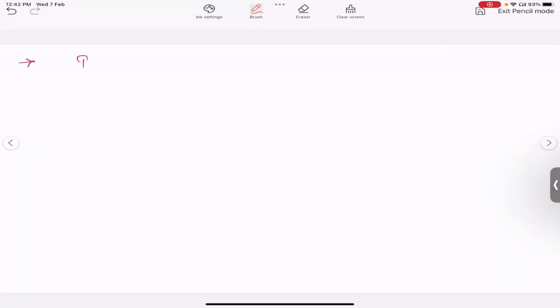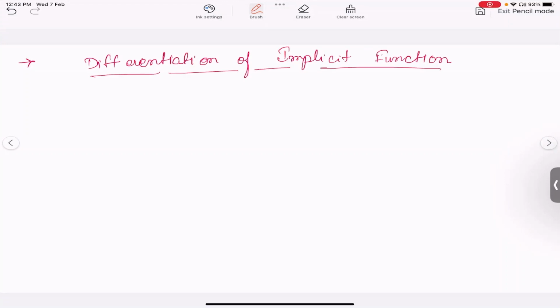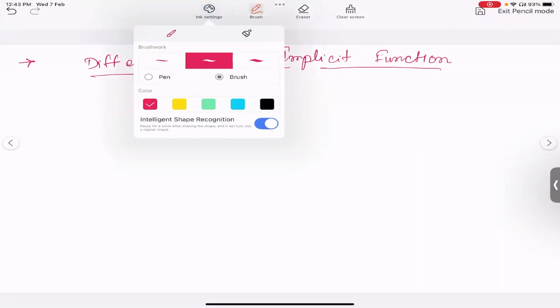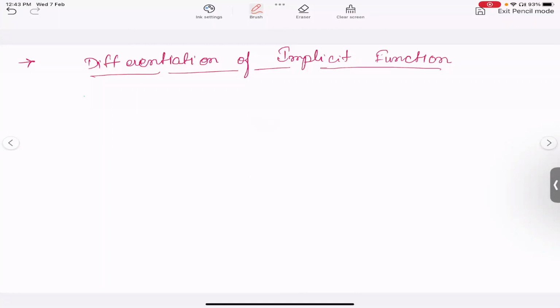Derivatives of the implicit function. The implicit function is something that cannot be expressed completely in terms of the independent variable.